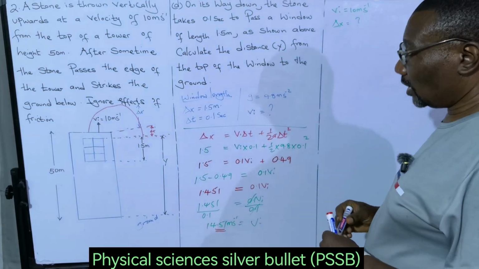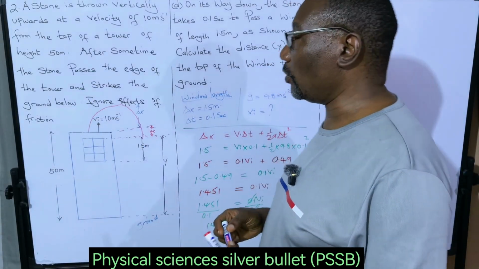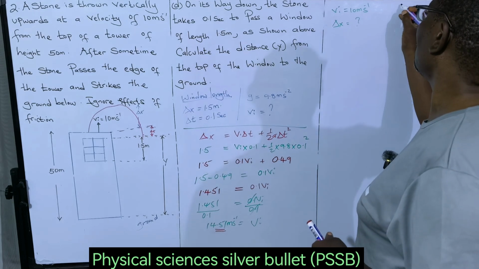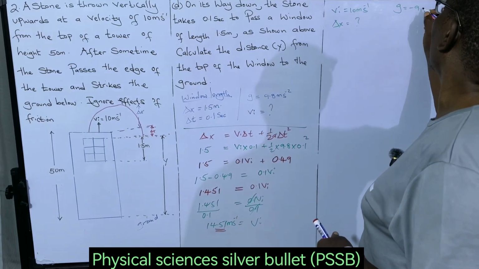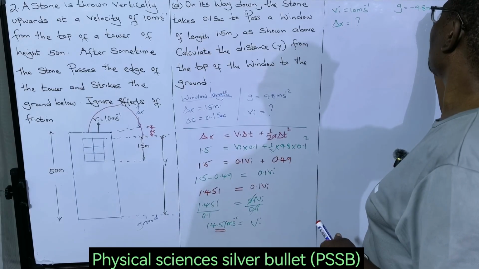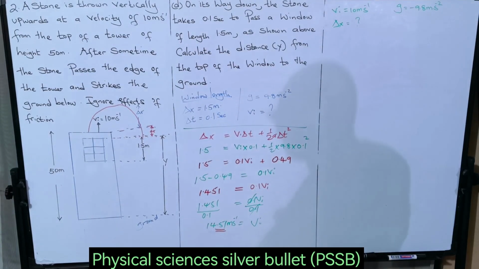And because the stone was initially projected upwards, we know our g, which is negative 9.8 meters per second squared.